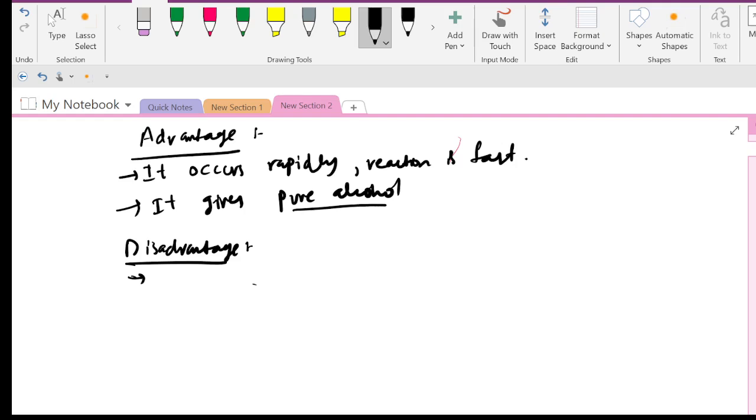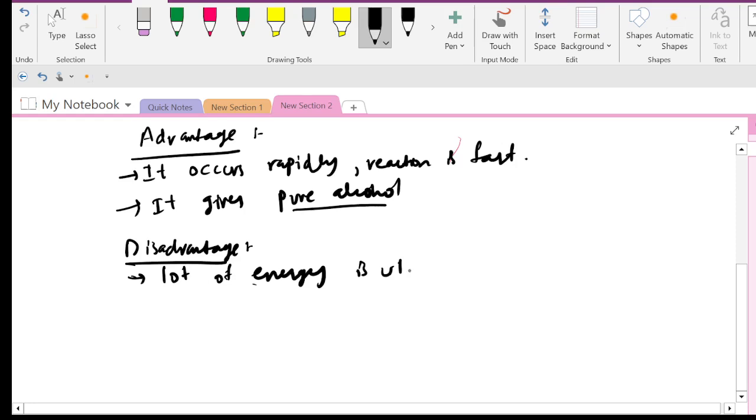So that is a disadvantage for this process. A lot of energy is utilized. This is a disadvantage because it costs more money, because this process only occurs at a higher temperature. So lots of energy is utilized, and that is a disadvantage for this process.